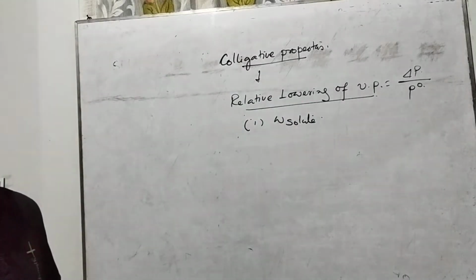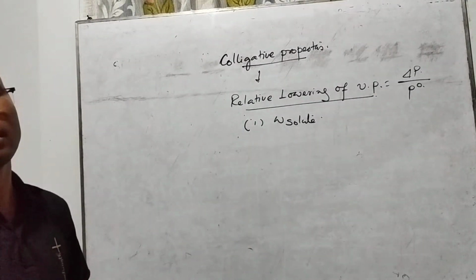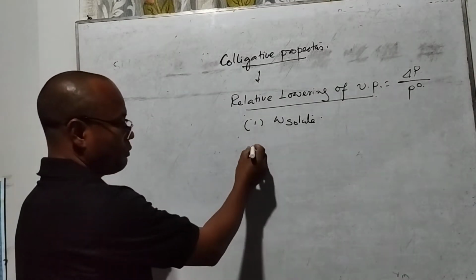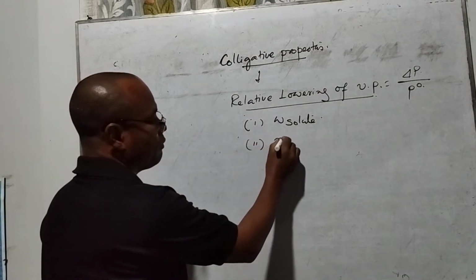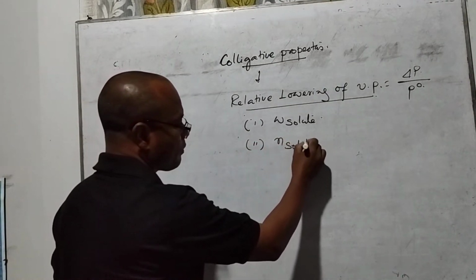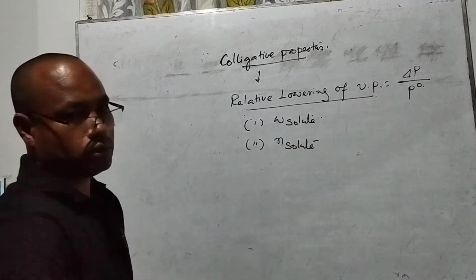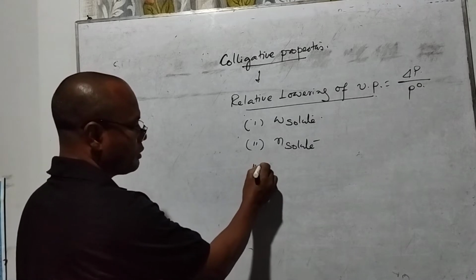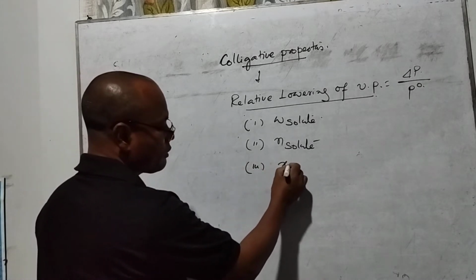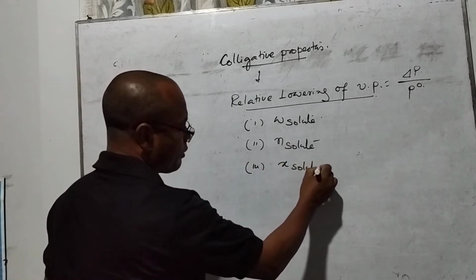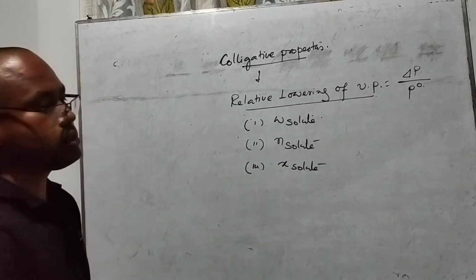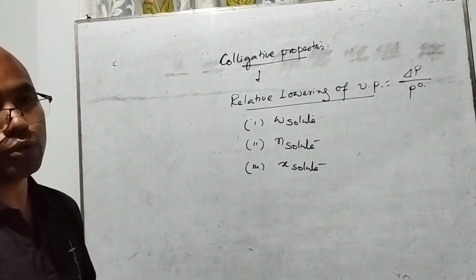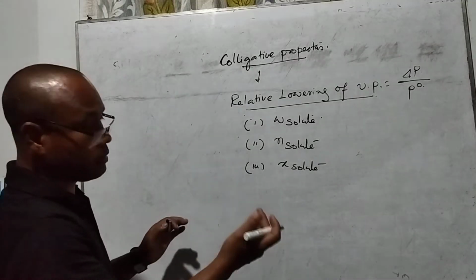This amount of the solute, right, we sometimes express in terms of the number of moles of the solute, right? So this amount of the solute we can also express in terms of the mole fraction of the solute, right? And this amount of the solute we also express in concentration terms.